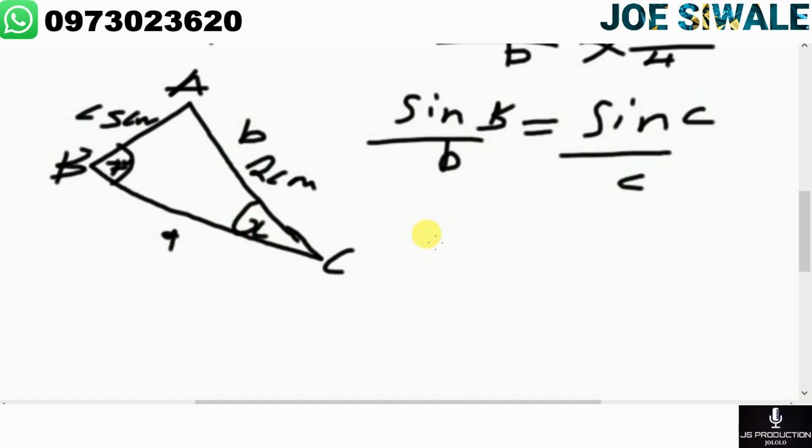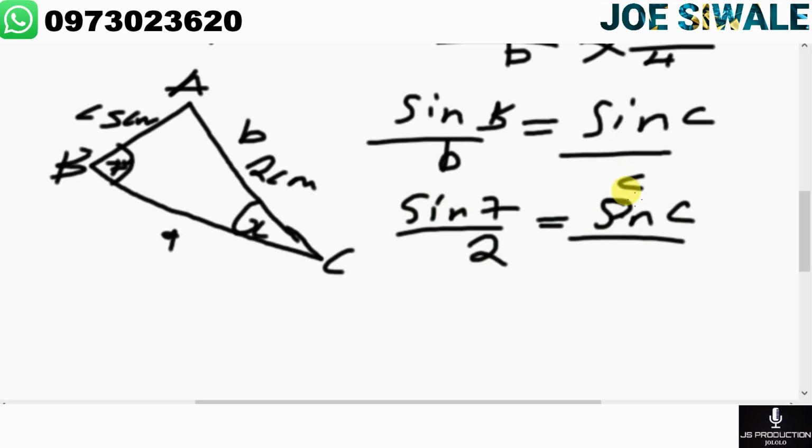So sine 7 divided by b here, that's 2, is equal to sine C here, that's x, divided by c here, that's 5. And from here you can calculate the angle that is at C. So this is how you use the sine rule.